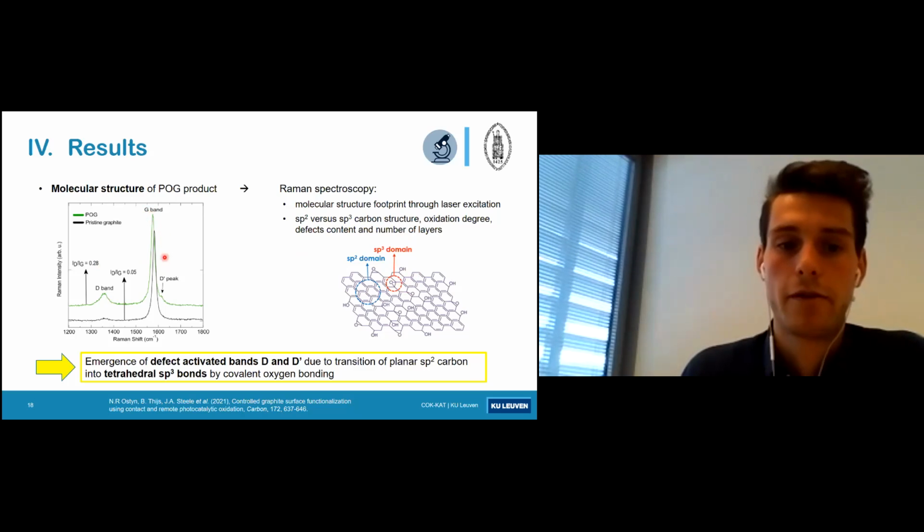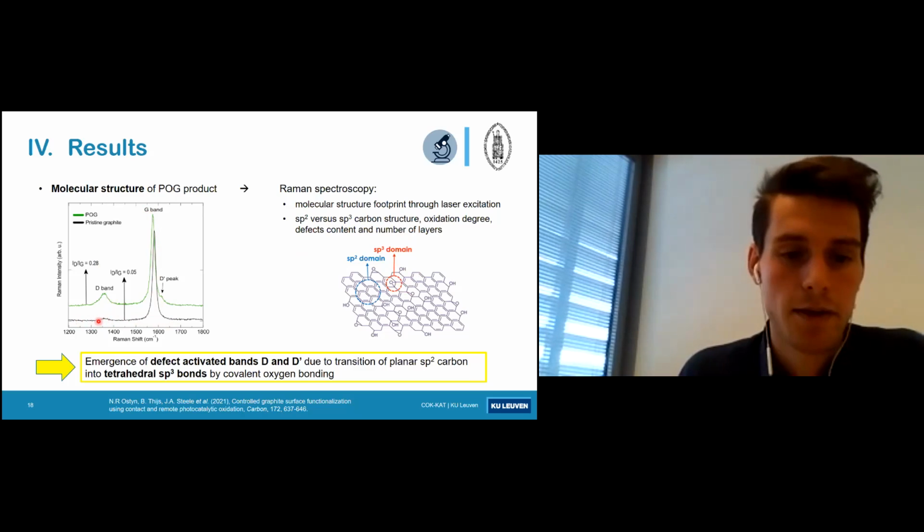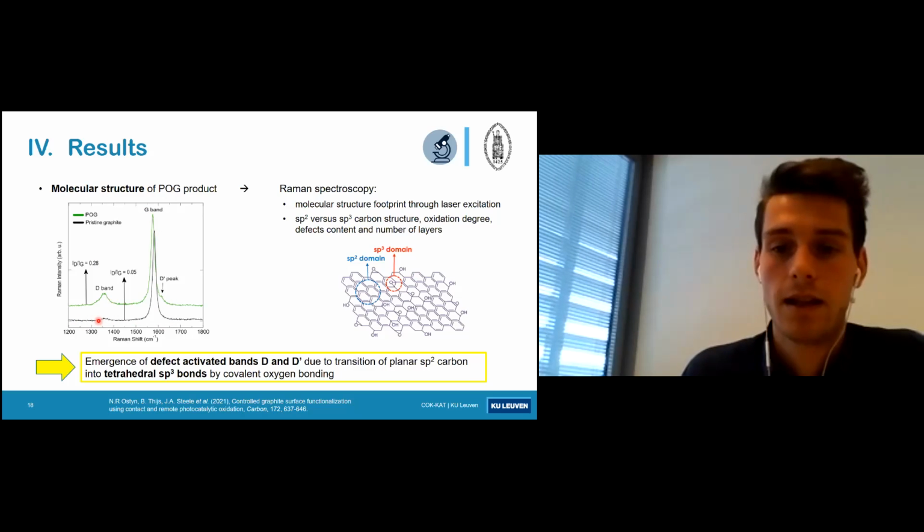If you have pure, pristine graphite, like the black spectrum, you have a very strong G band, but almost no D band. This small bump is due to intrinsic structural defects, like small areas at the edges or a vacancy, which can always be present.